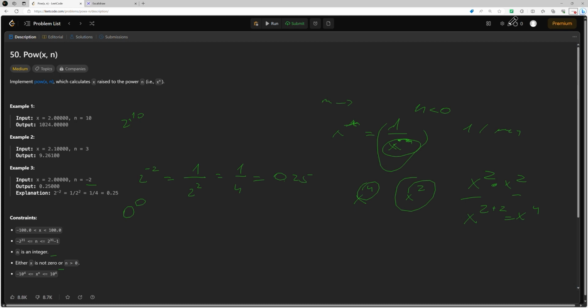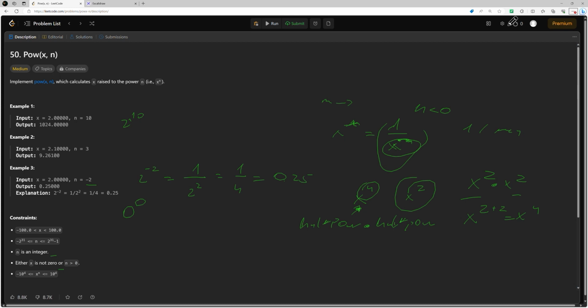If we have the half of the power already calculated, we can use that half to calculate the whole power, by just multiplying half power times half power. So x squared in a sense.